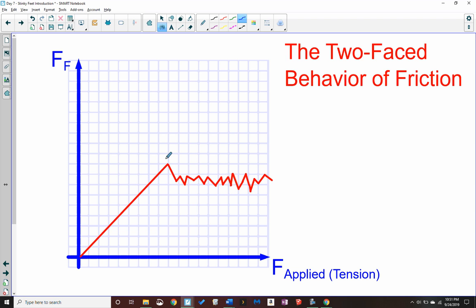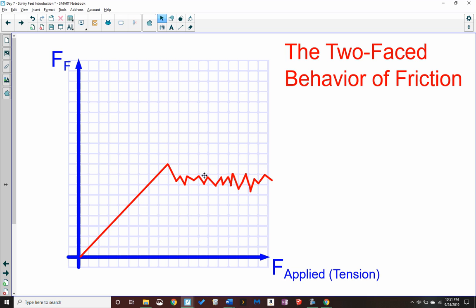Okay, so friction has one set of rules in static conditions, not moving, and a different type of behavior in kinetic. Side note, when we look at this, the frictional force is roughly constant right here, but it does bounce around a little bit.